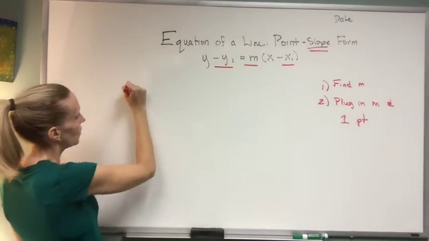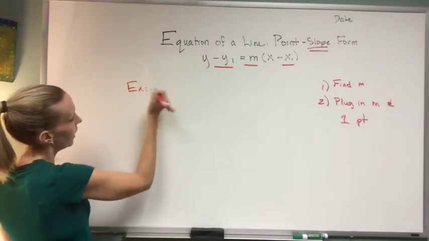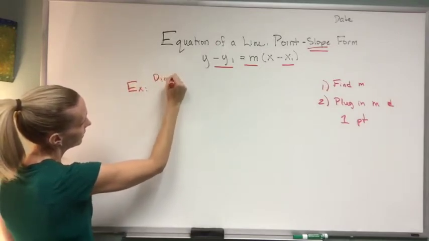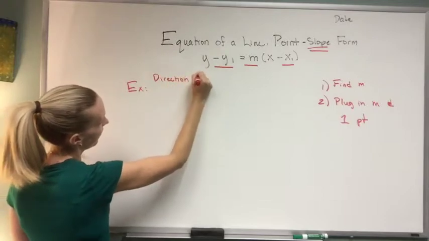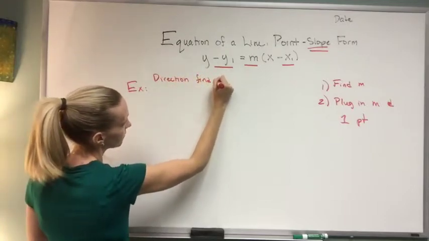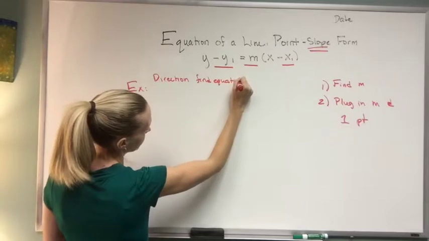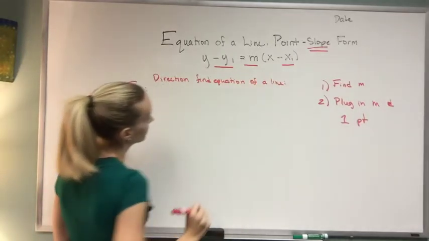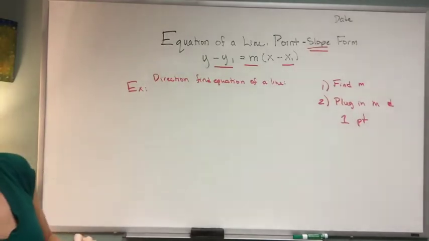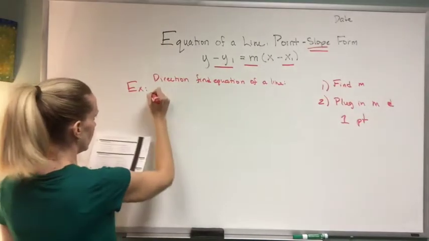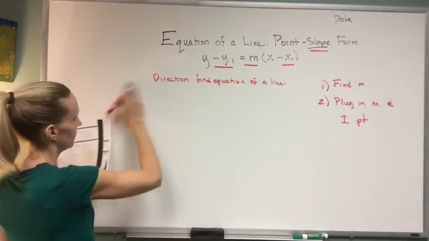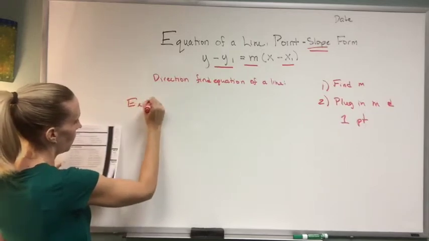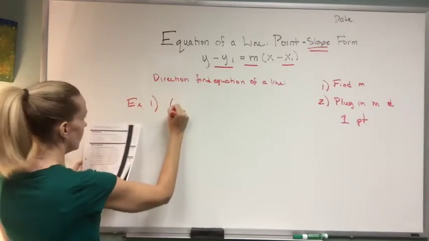Okay, so examples, and your directions are find the equation of a line. So what if I'm given points, for example, 1, 9 and 0, 7.